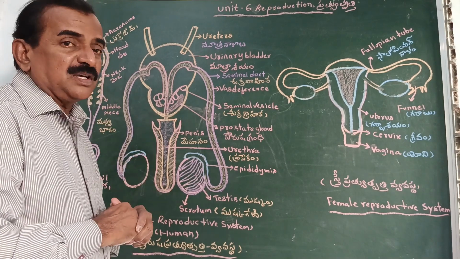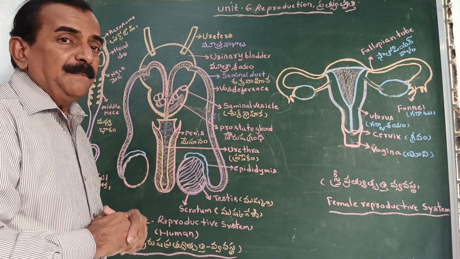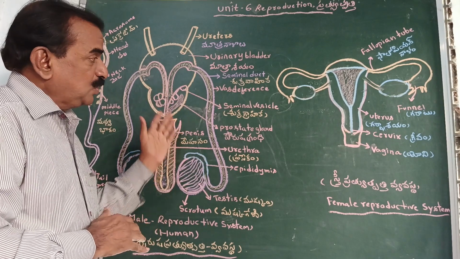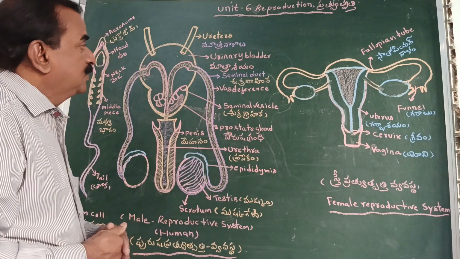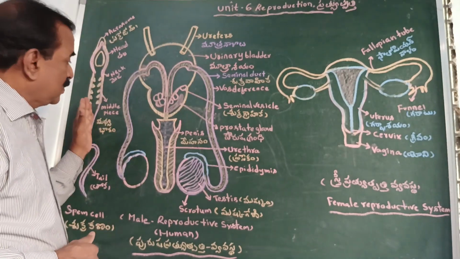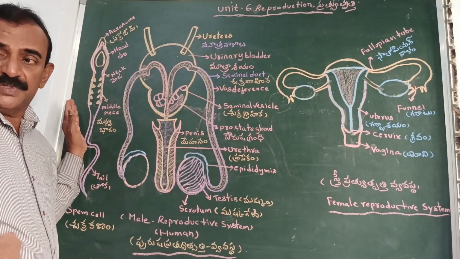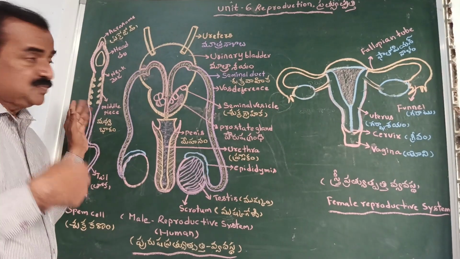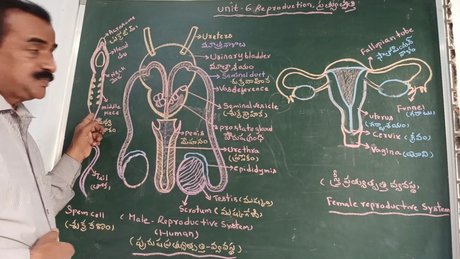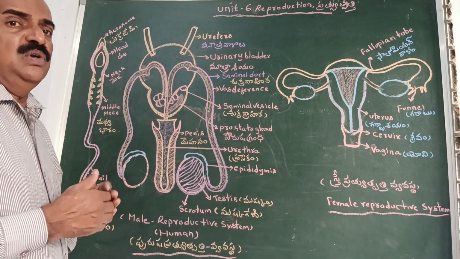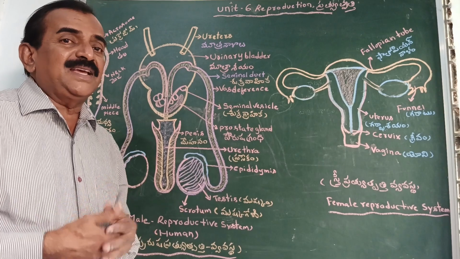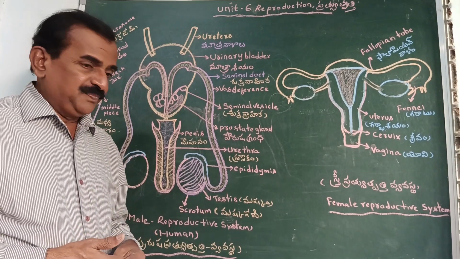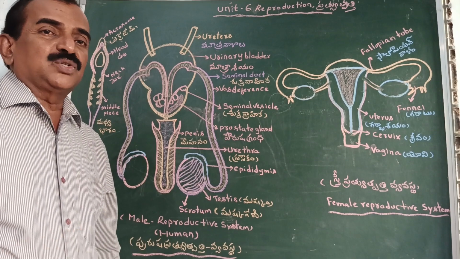Today we discussed the human male reproductive system and its parts. Now we need to discuss the sperm cell. This is called a sperm cell. I told you males release sperms when they reach puberty, the adolescent age.